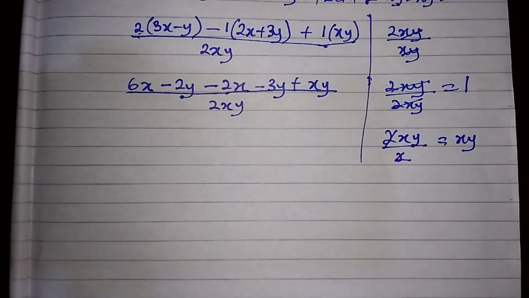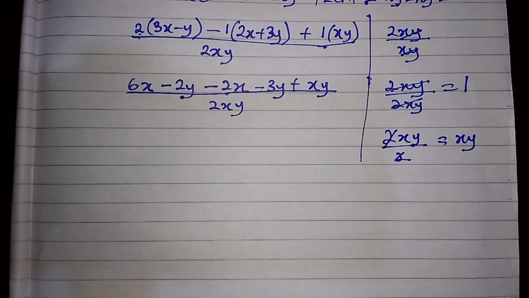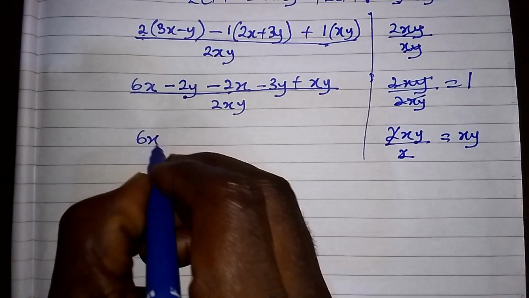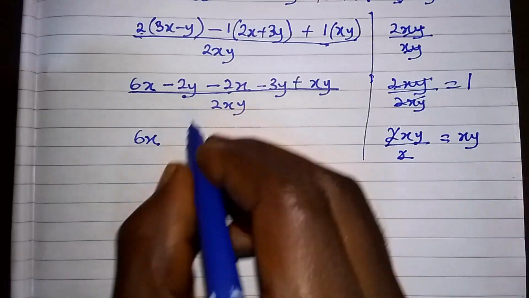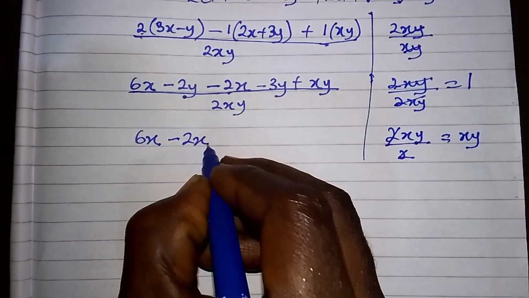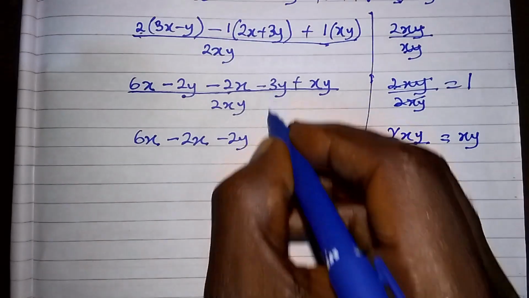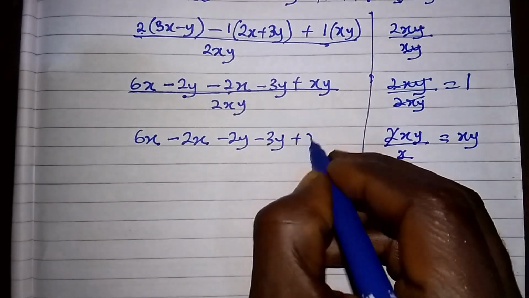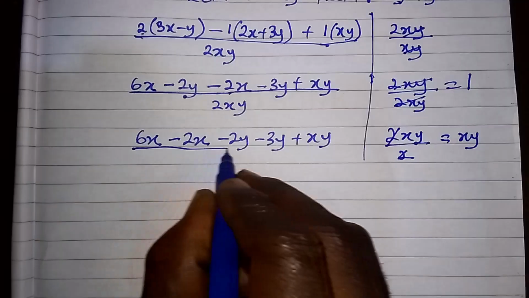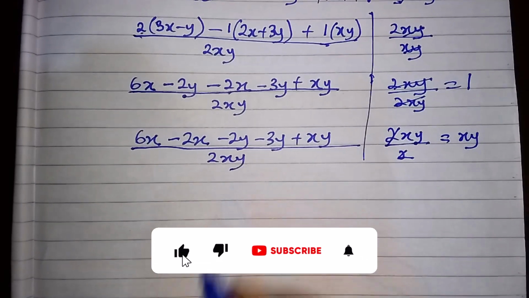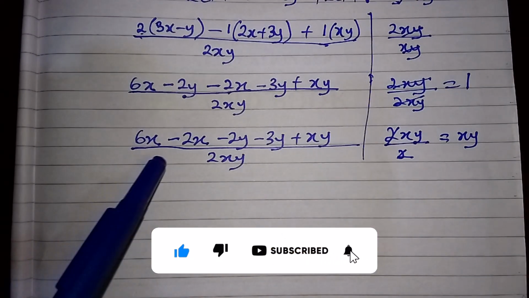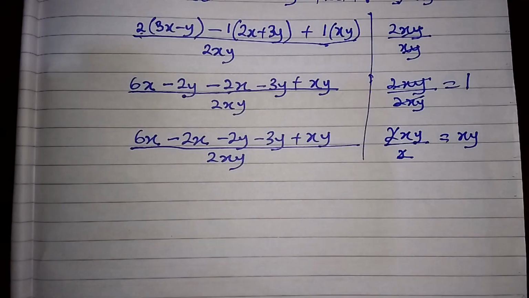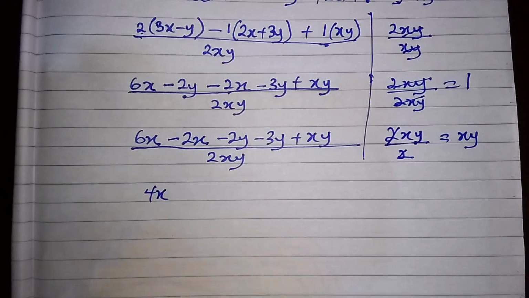We continue. All that is required here, we group our like terms and we simplify. So from here, I have 6x. 2x is a like term to 6x, so minus 2x, minus 2y, minus 3y, plus xy, all over 2xy. 6x minus 2x is just like saying 6 minus 2, so this will give us 4x.